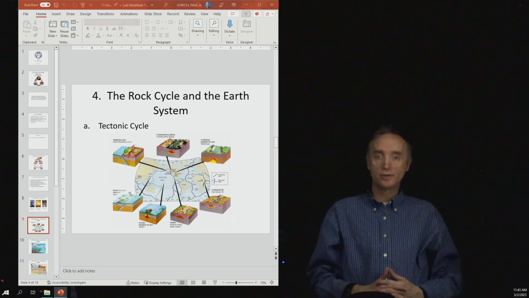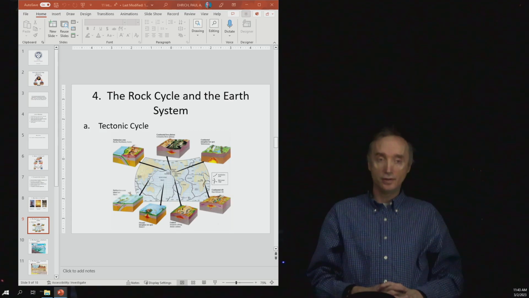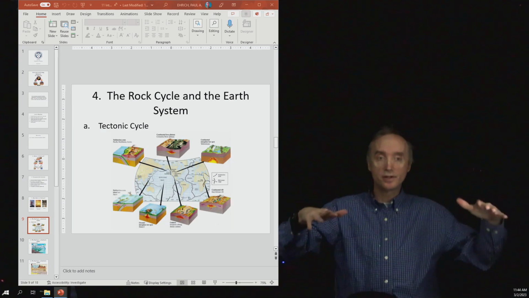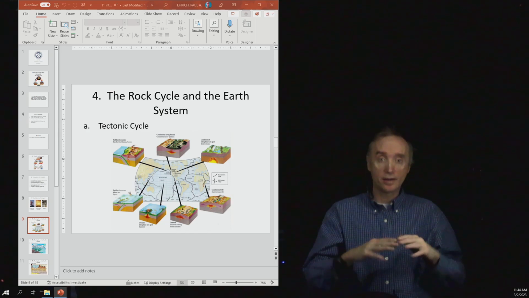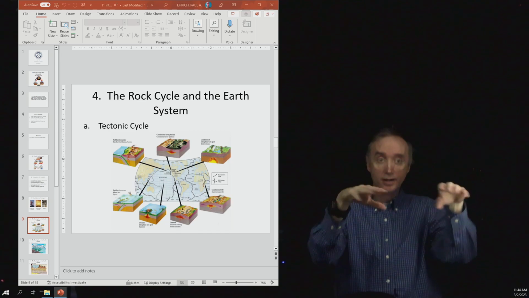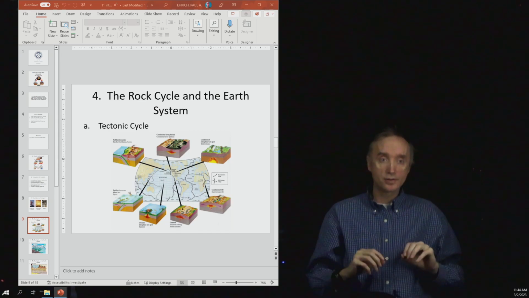I'm back, and so now we want to talk about how the rock cycle is related to other cycles in the Earth system. The first one is called the tectonic cycle, which is plate tectonics. So when material comes up from the asthenosphere at a mid-ocean ridge, that forms rocks.